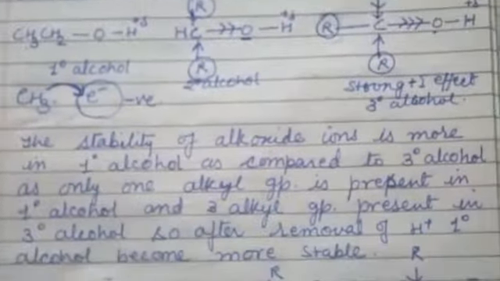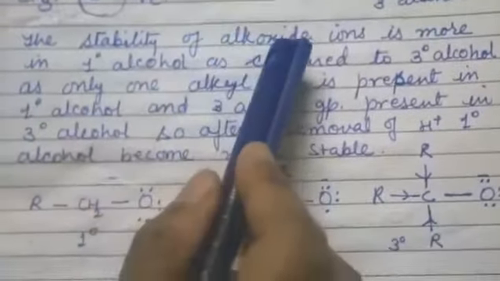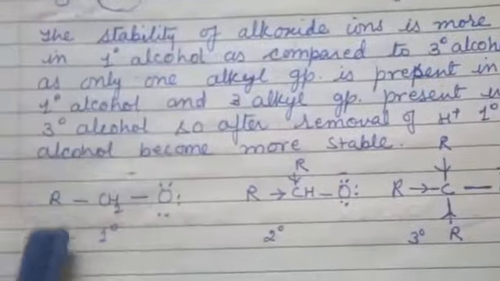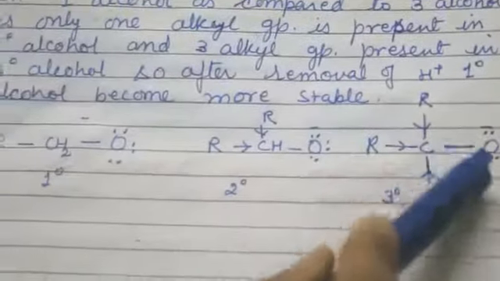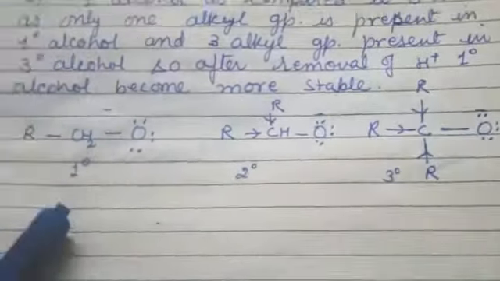On the opposite, the primary is more stable as compared to secondary and tertiary alcohol, because of the stability of the alkoxide ion. H is removed from each and every alcohol, primary, secondary and tertiary, so there is no H, only the alkoxide ion. It is less stabilized in tertiary alcohol as the negativity is more.